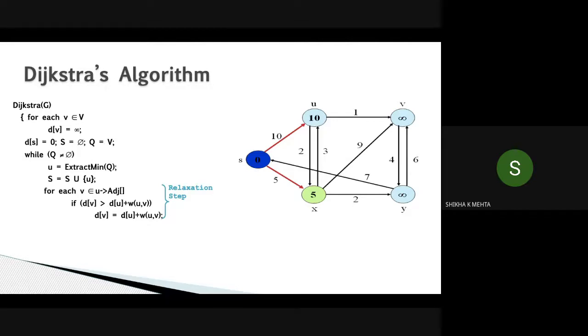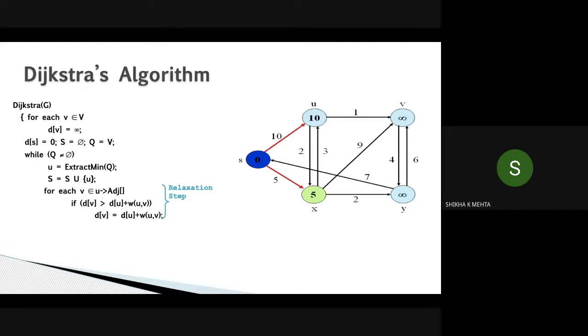We are moving from S in the outward direction, so we are looking at the directed edges. We have an edge between S and Y, but it is in the opposite direction. That means there is a route from Y to S, but not from S to Y. So these highlighted red edges are the directed edges from S, so we have a path from S to U and S to X.